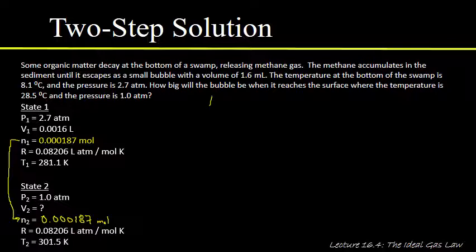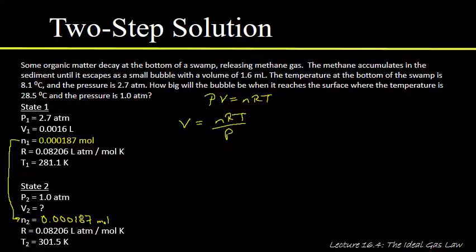Start, as always, with the ideal gas equation. PV equals nRT. To get volume, divide both sides by pressure. Okay.